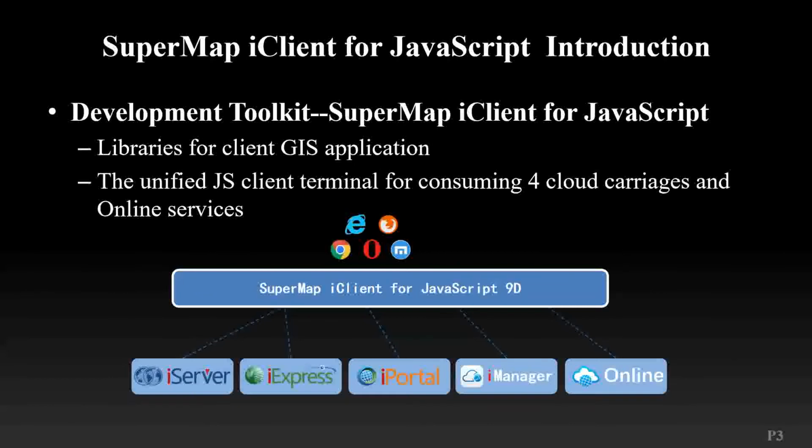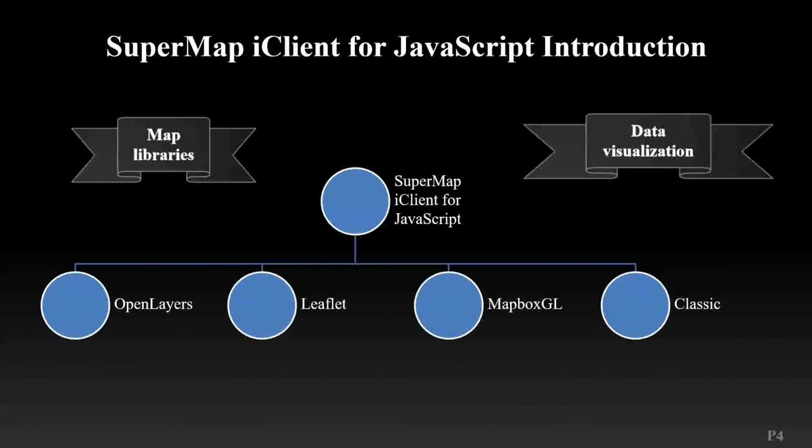As we mentioned before, we use iServer to publish services and use iClient to use the services. And the iClient has 4 types or 4 packages. It is SuperMap iClient for OpenLayers, SuperMap iClient for Leaflet, SuperMap iClient for Mapbox GL, and SuperMap iClient Classic.